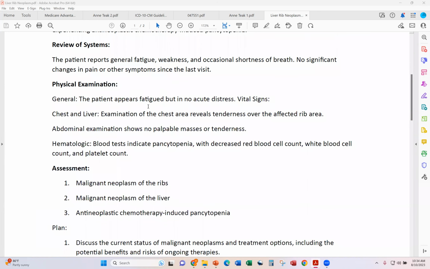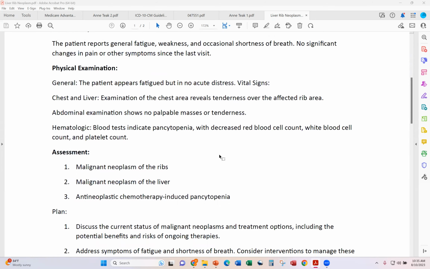Physical exam. Patient appears fatigued, no acute distress. Vital signs are blank. Chest and liver examination of the chest area reveals tenderness over the affected rib area. Abdominal examination shows no palpable masses or tenderness. Hematologic blood tests indicate pancytopenia with decreased red blood cell count, white blood cell count, and platelet count.